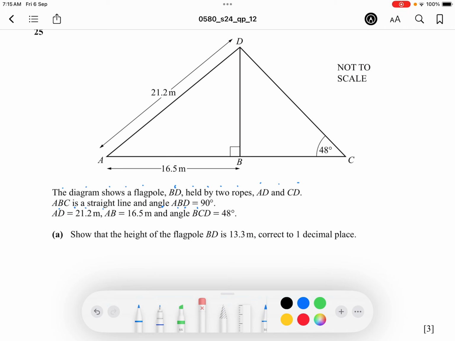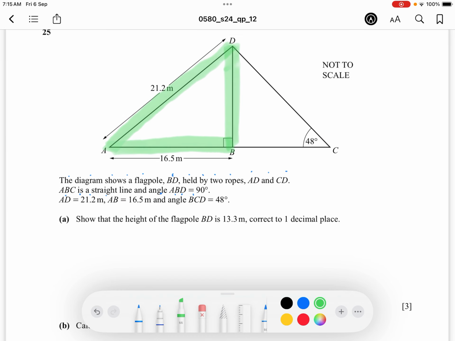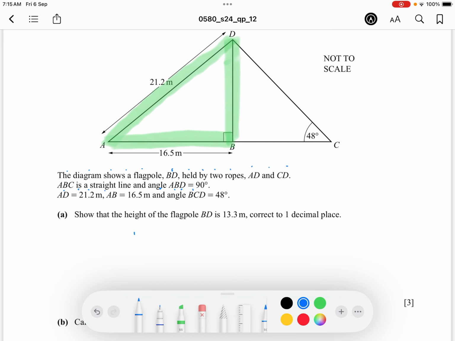When you look at BD, you can look at this triangle here. There's a clue already given, the 90 degrees for that triangle. If I were to draw that back, which I encourage you to do so that you do not confuse it with the bigger triangle, BD is the one that we want to find.